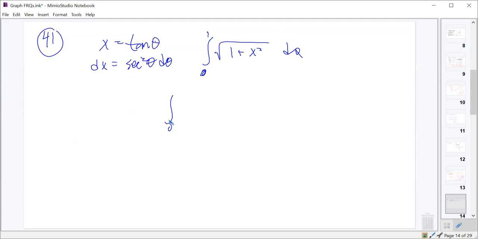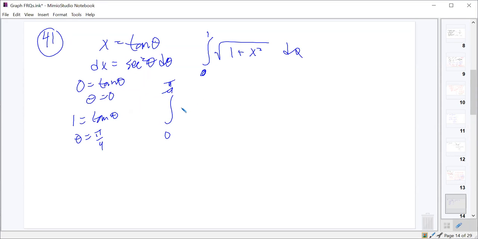So this becomes an integral from the tangent of 0, or sorry, if 0 equals tangent theta, then theta is 0 for a lower limit, and if 1 equals tangent theta, theta is pi over 4 for our upper limit.